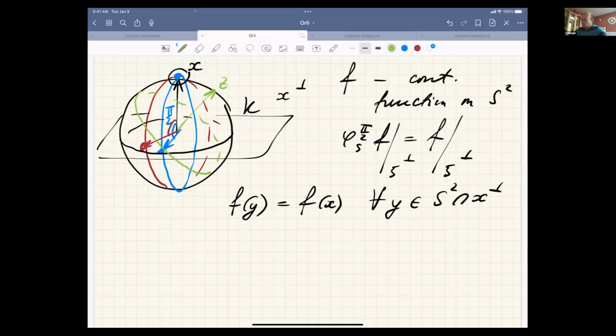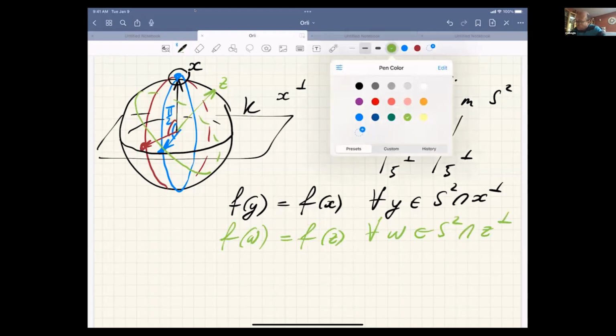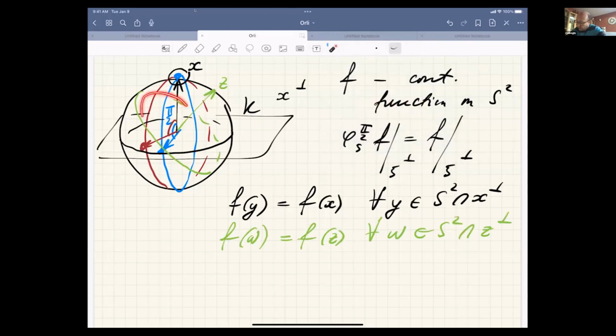we also know that f of z is equal to f of w, for any w belonging to S2 intersection z perp, by a similar reason. Right? And then because two equators intersect, because this green equator intersects the black one, this means that the constants must be the same.